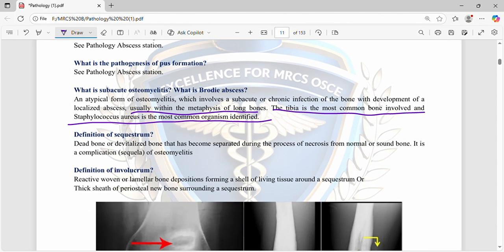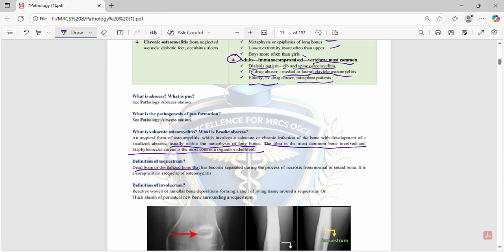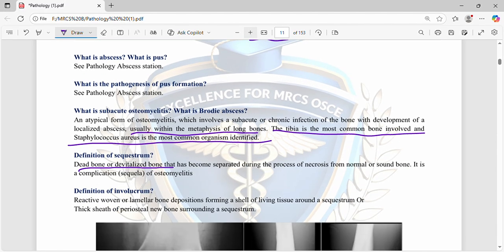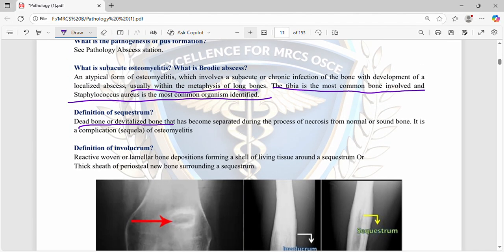So sequestrum is dead or devitalized bone, and involucrum is reactive woven or lamellar bone deposition. It is a complication of osteomyelitis.